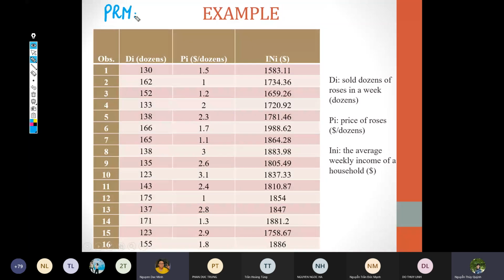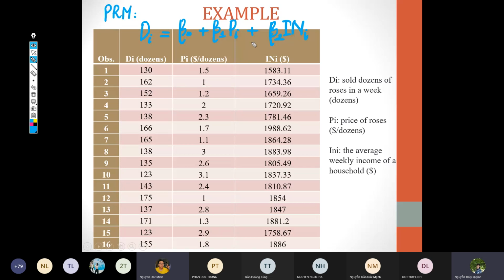DI equals beta 0 plus beta 1 PI, and plus beta 2 INI.